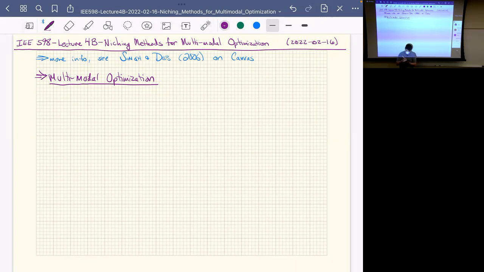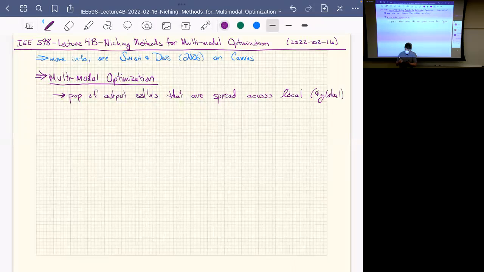So the focus here is a population of output solutions that are spread across local and global optima. In other words, these are peak detectors.